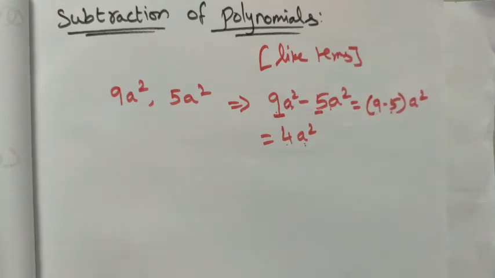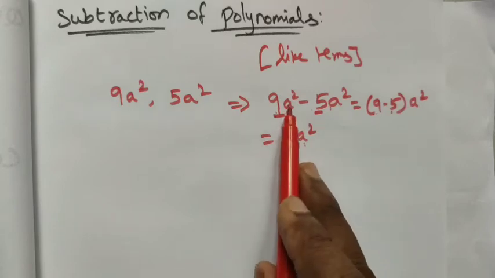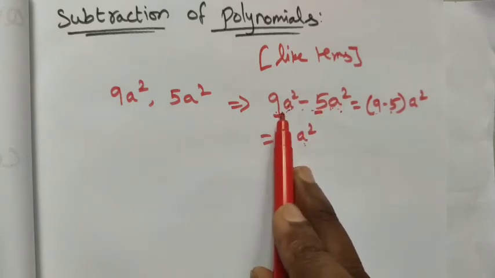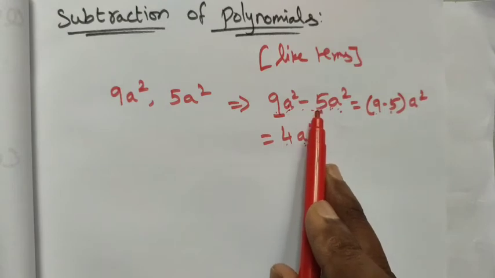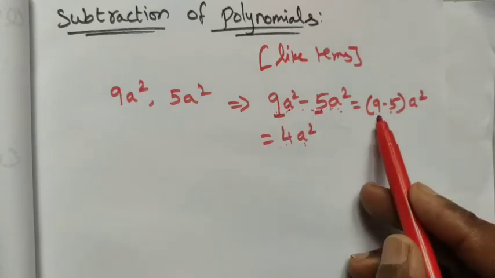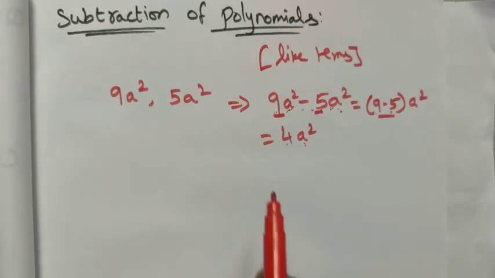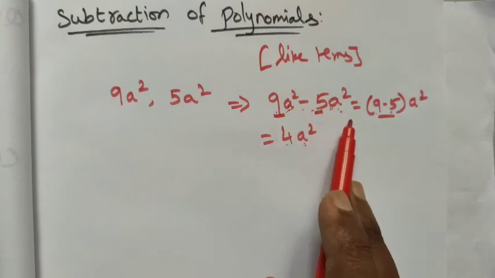While you are subtracting or adding, the variable should not be added or subtracted. Only the coefficient of that variable should be added or subtracted, the real numbers only. Here also only like terms can be subtracted.